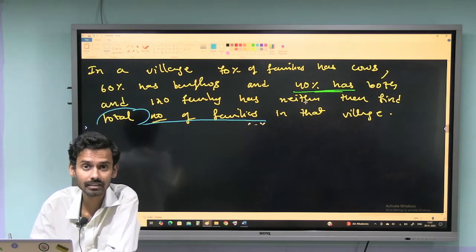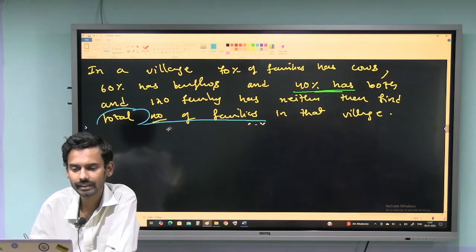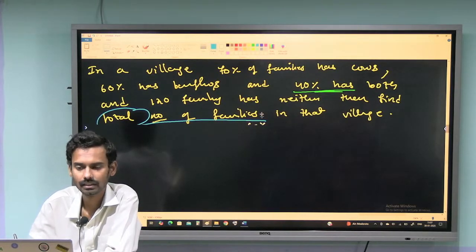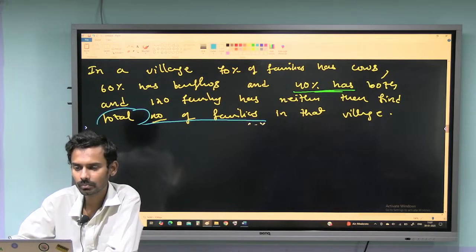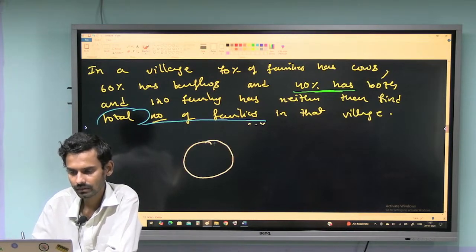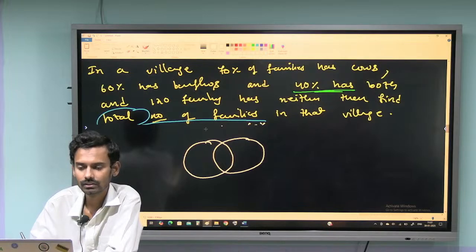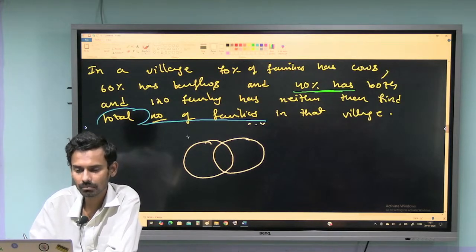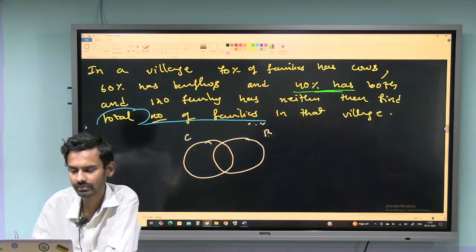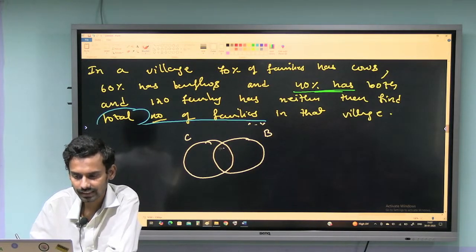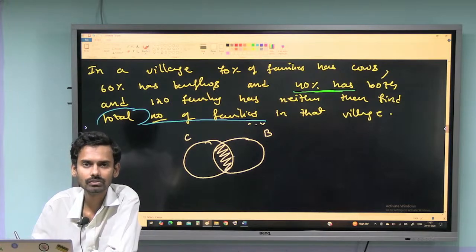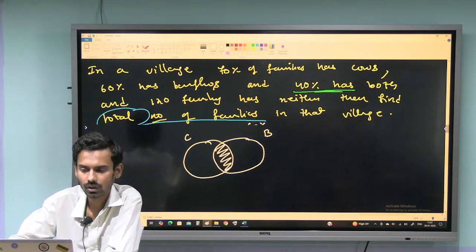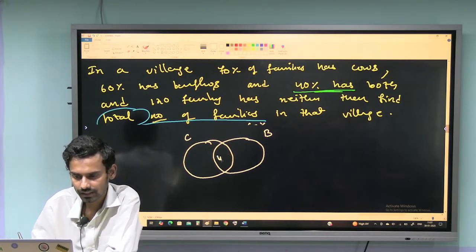Neither means they are not having buffalo nor cows. Then find the total number of families in that village. So in these type of questions, you need to make use of Venn diagram. So Venn diagram will be like this. This circle, the first circle represents the number of families having cows. The second circle represents the number of families having buffalo. Now this intersection will represent those families which are having both cow and buffalo. And according to the question, the intersection part is 40%.